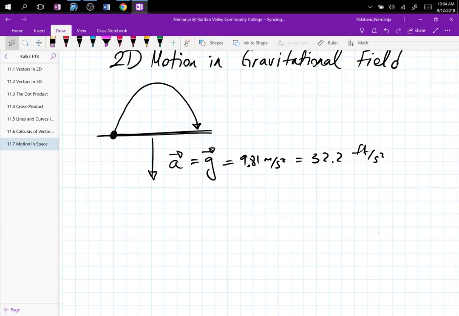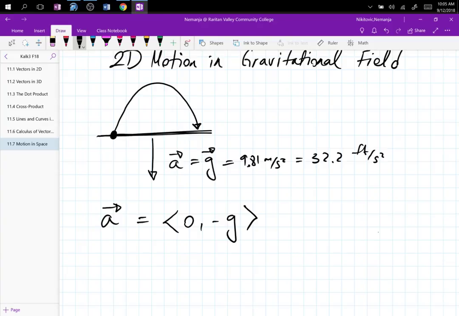We are going to start with the concept of the acceleration vector, which will have negative g on its y, and there will be no acceleration in x. When you drop something, it goes straight down.